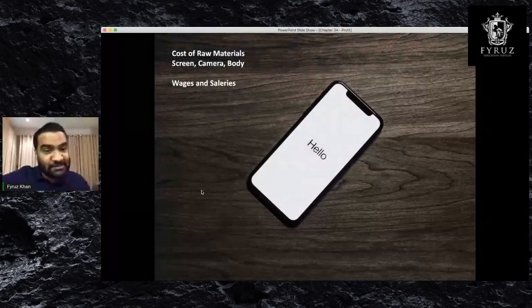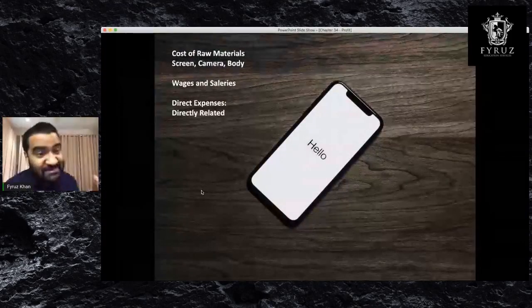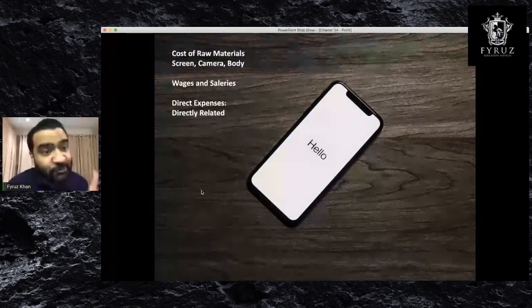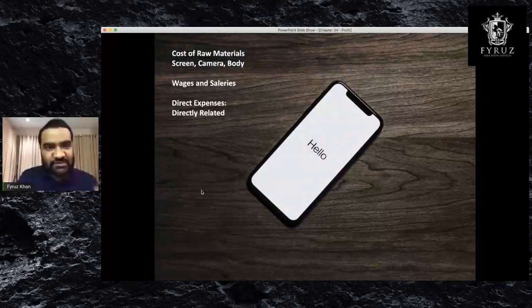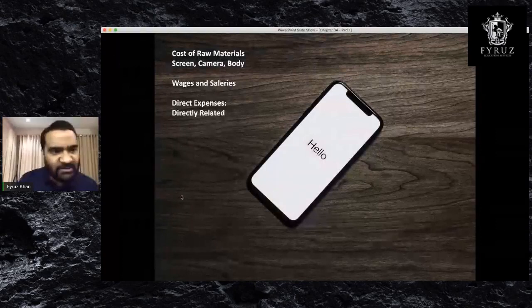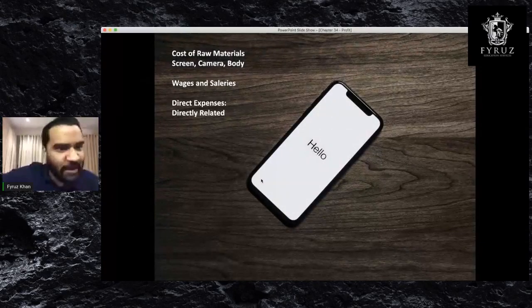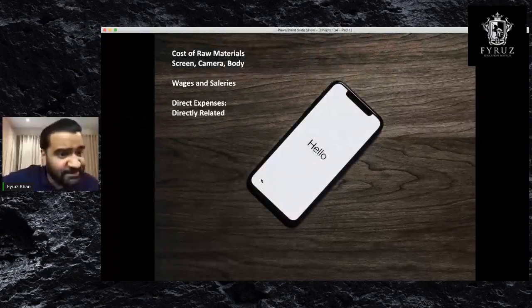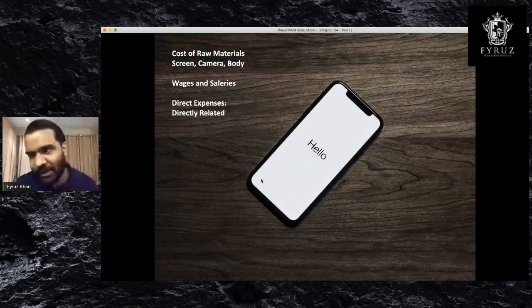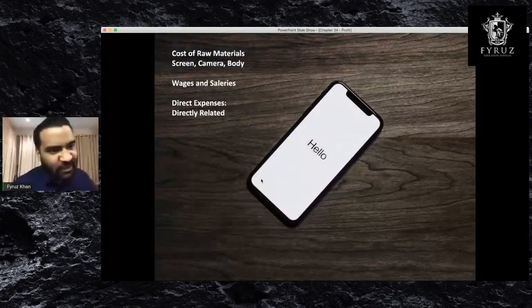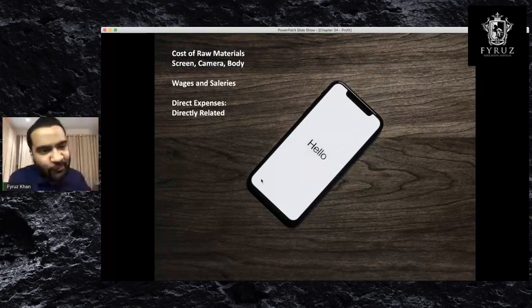Cost of sales means expenses that are directly related to the product that you're selling. Screen, body, camera, these are all directly related to the phone that you're selling. Buying tissue paper or, let's say, tea for the company is not related to the product.